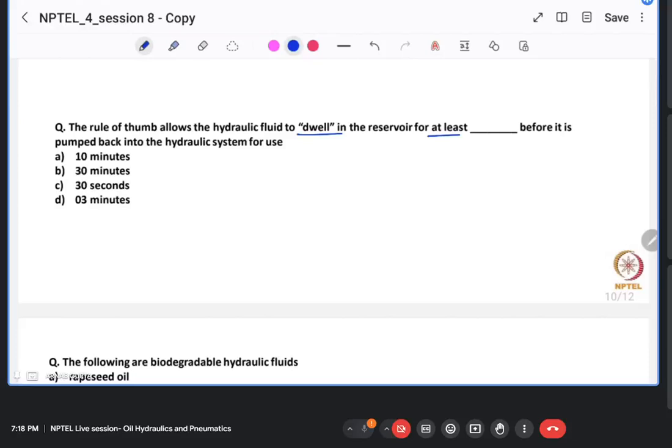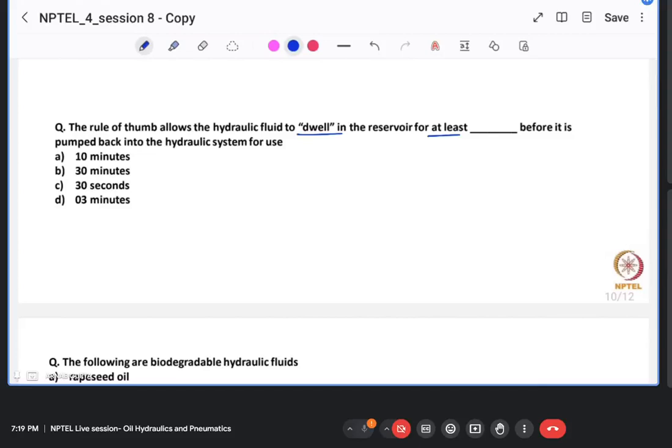So it is important for the hydraulic fluid to stay in the reservoir for some amount of time so that it is able to dissipate the heat, and at the same time it gets filtered of the contaminants. The contaminants should be allowed to settle down as the fluid is flowing through the baffle plate.